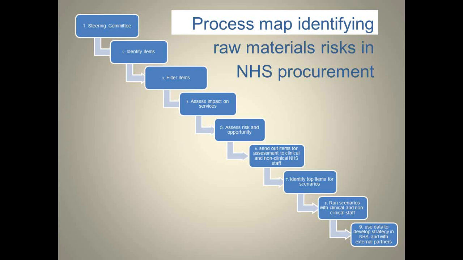And we took all the items that they purchase for one particular hospital, and we went through a process of taking out duplicates and filtering items to get to a point where we had a list of items that were either high cost or high use in this particular hospital.